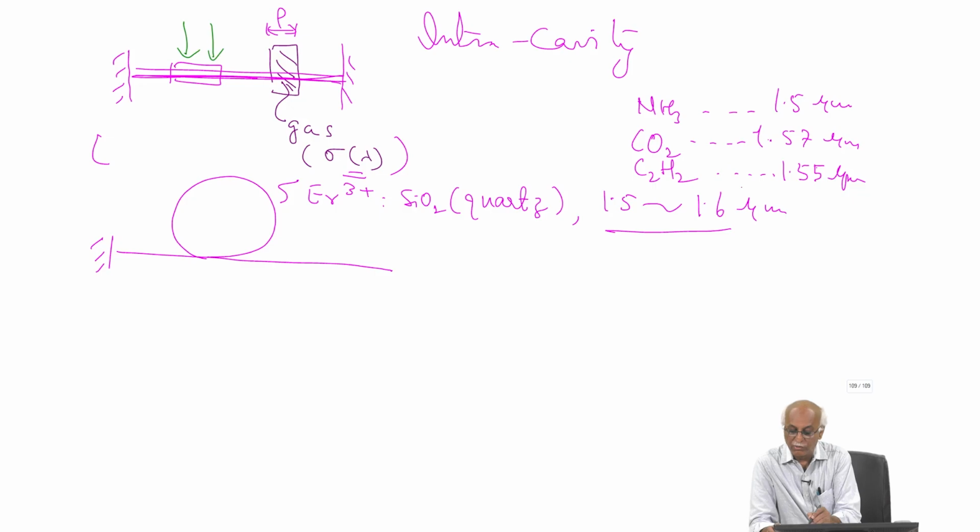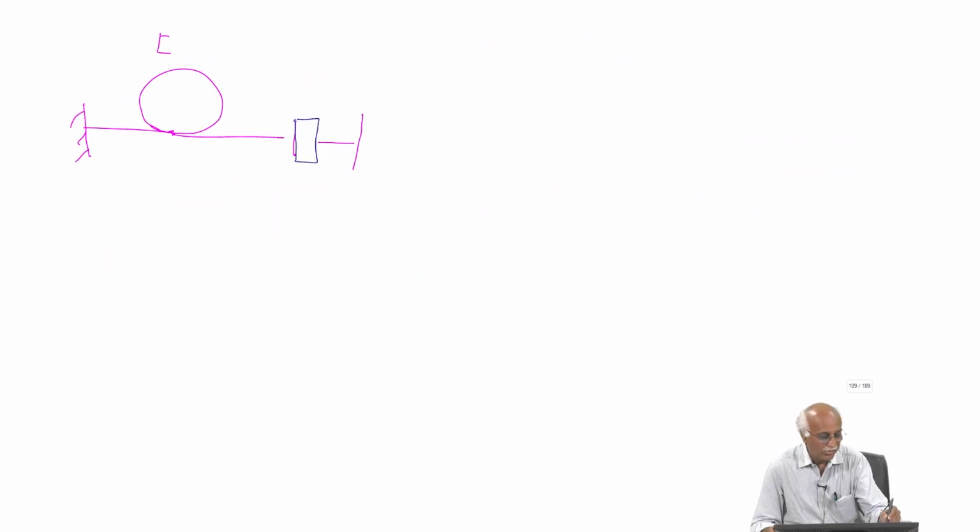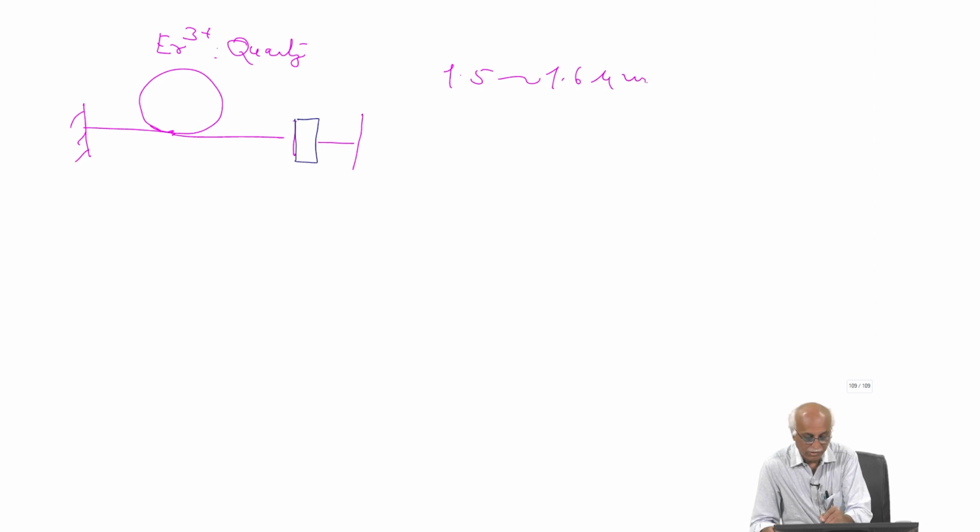Now, if I tune this wavelength of this fiber laser to 1.55 micrometer, I put one gas cell. Okay. So, this is erbium doped quartz fiber pumped by some means to emit wavelength between 1.5 and 1.6 micrometer, and the gas cell is here with a length L, which is filled with acetylene gas, let us assume, or even CO2.